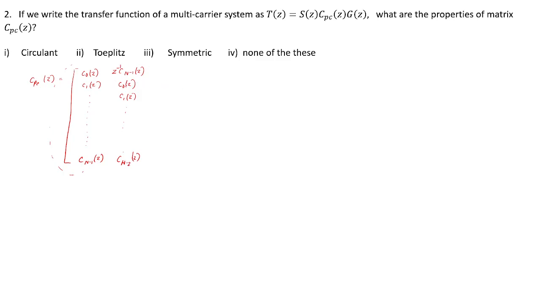Similarly, in the third column, C0(z) brings down all the elements, they come down 1 unit when you move from one column to the next.